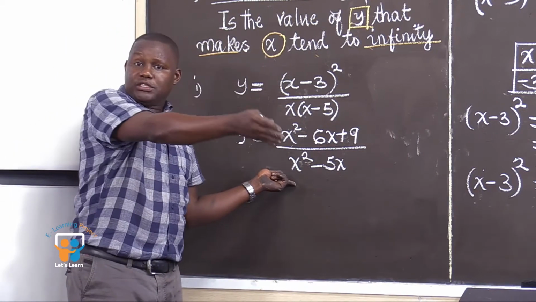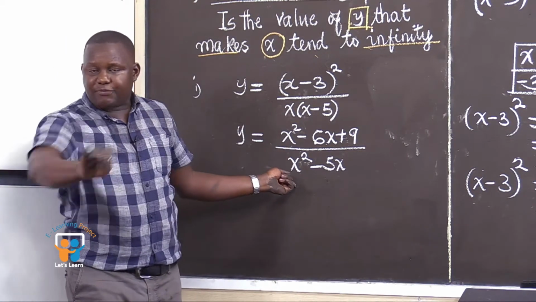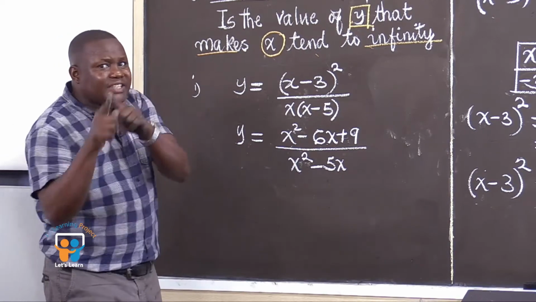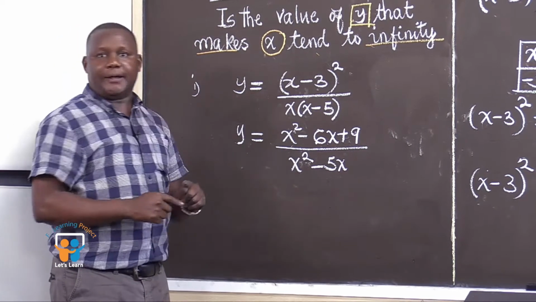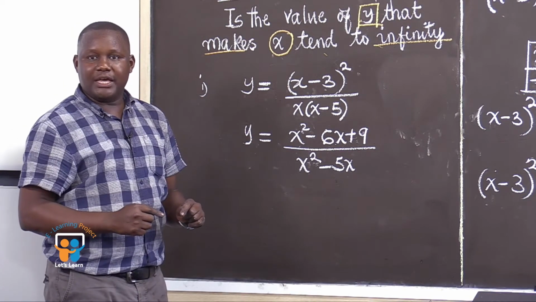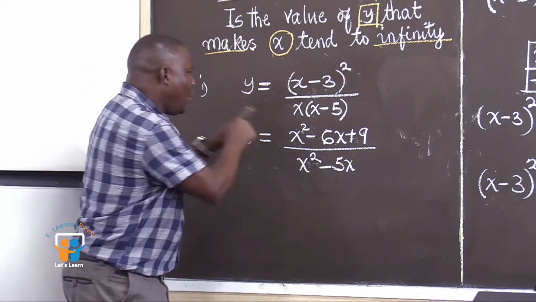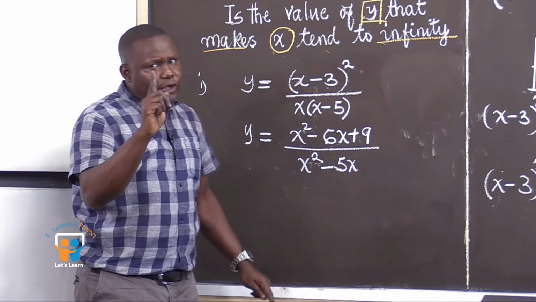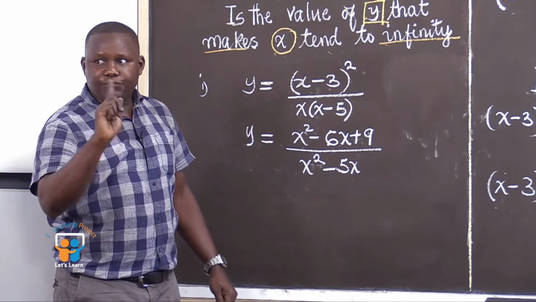Therefore, by applying long division, we handle the improper fraction. You remember that. But this is curve sketching. In curve sketching, it is not improper. In curve sketching, it is proper. Are we together? And in that case, if it is proper, we do not apply long division. Please don't forget.